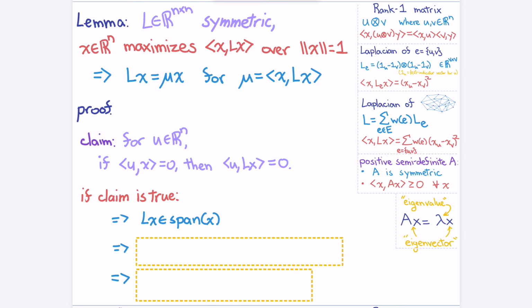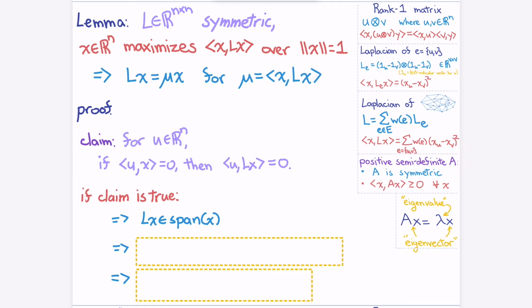My claim is that Lx has to be in the span of x. Why? Yeah, somehow you play the orthogonality off of each other. If Lx was not in the span of x, if Lx was partly in x but there's some other junk, that other junk in the orthogonal subspace would be the u that gives you some issues.